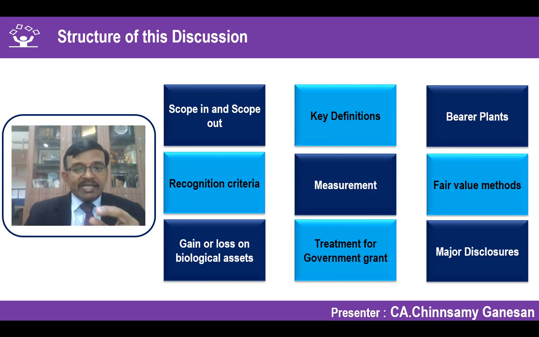This standard is only a 13-page standard, but industries like the plantation industry, coffee plantation, tea plantation, rubber plantation, most of them operating in the corporate sector in India, came out with a critical comment when the standard came as a draft, because they felt that agricultural activity is not within the control of the entity.